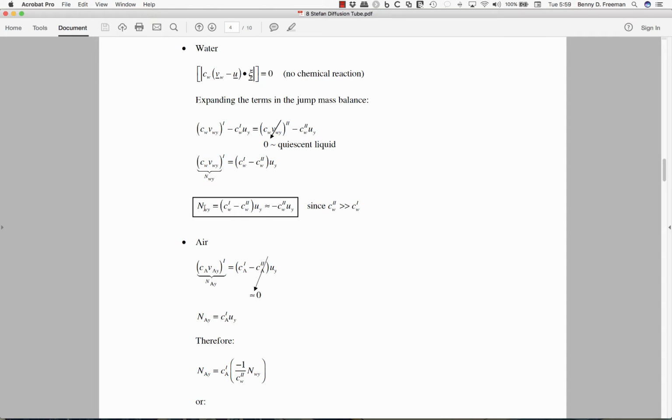And this result, I hope, will make intuitive sense to you as well, that all of the water flux in the gas phase is coming about because water is evaporating from the liquid phase, and essentially the rate of evaporation in terms of the change in the height of that liquid phase is uy, and if you multiply that times the concentration of the water in the liquid phase, this grouping of terms is essentially the flux of water away from the liquid, and that has to be equal, at least in magnitude, to the flux of water in the vertical direction.